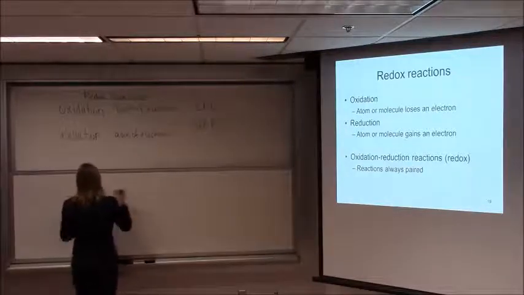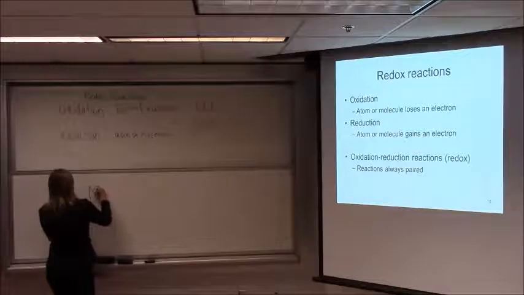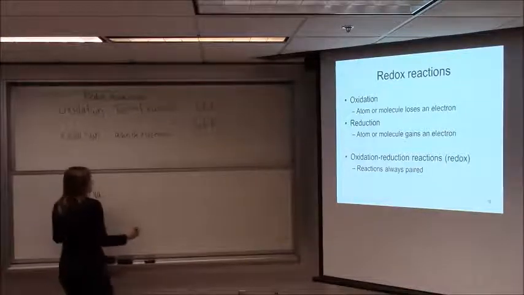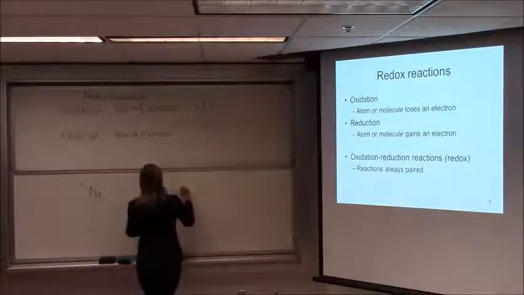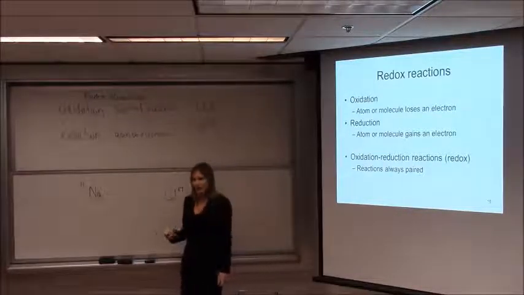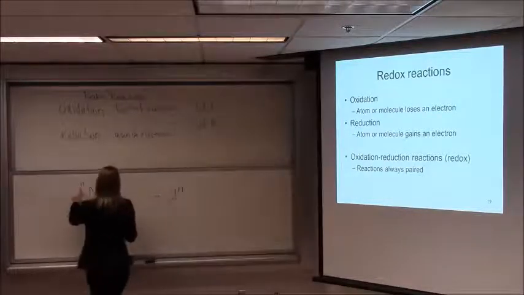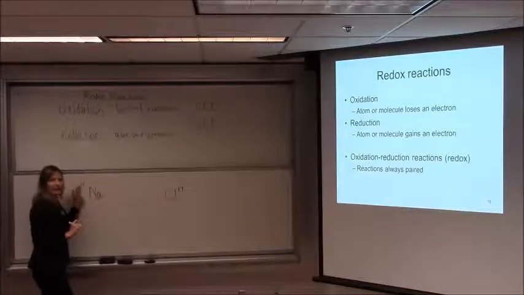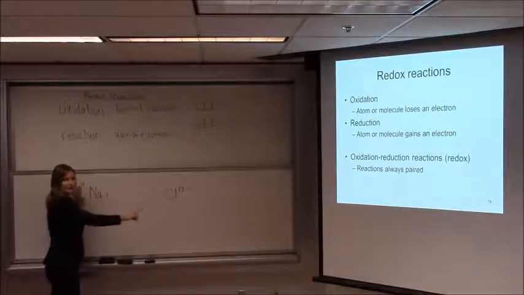Remember, sodium is atomic number 11 and chlorine is atomic number 17. If we just look at electrons in the outer shell, remember that means sodium has 1 in the outer shell and chlorine has 7.